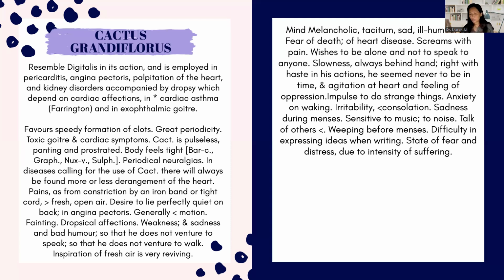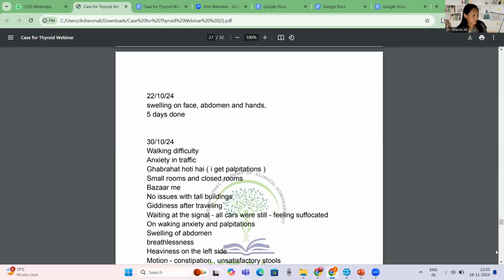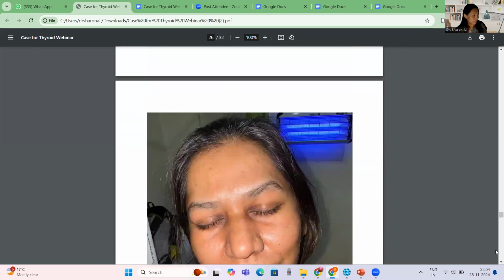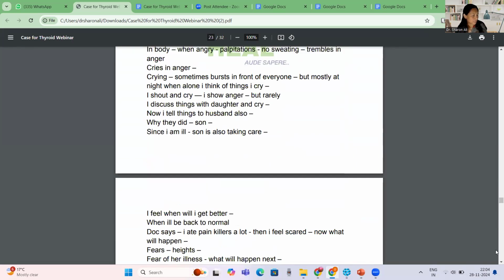I don't know how many of us are old students and how many are new, but when we treat cases, one is the miasm of the case, which we see in the physical complaints, and in the family history and past history.